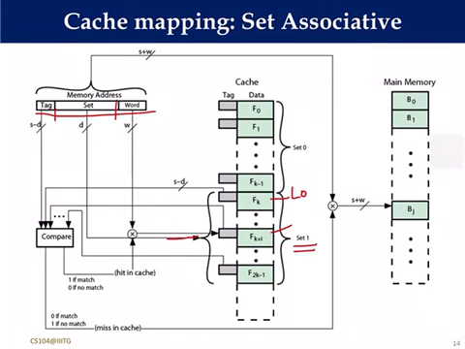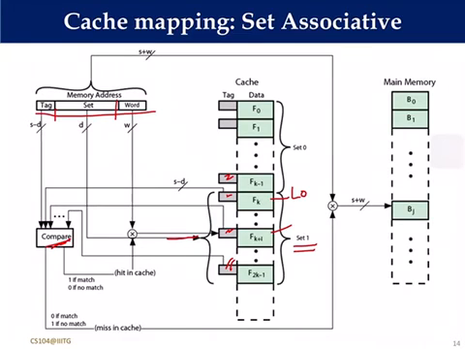If you have k lines, we'll be comparing with k tags, because each line has its individual tag. The rest of the things are the same. If it is there, it will be in this set only. If it is not there, it is not there.